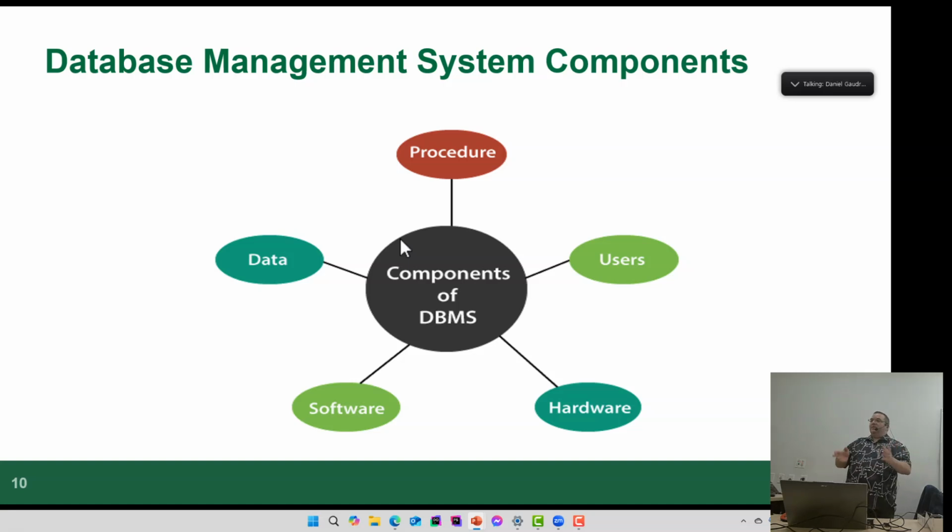There's software, the database software like MariaDB. There's another piece of software you're going to install called DataGrip, which is going to be your tool to talk to MariaDB. Obviously, you've got the data and you've got procedures. Notice procedures are in red because we're not talking about those this semester, but essentially those are programs built into the database to do things for you, like maintenance routines.